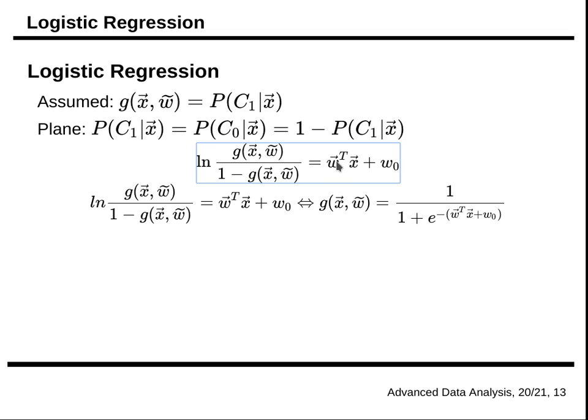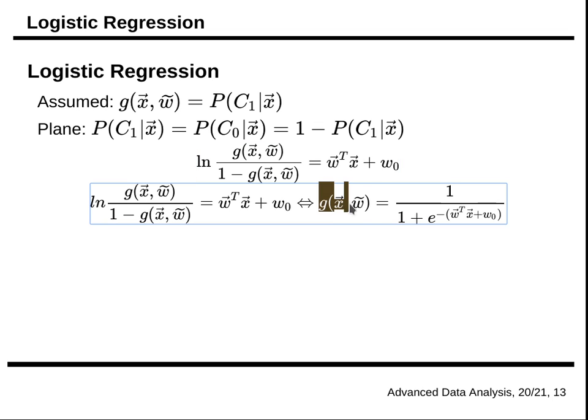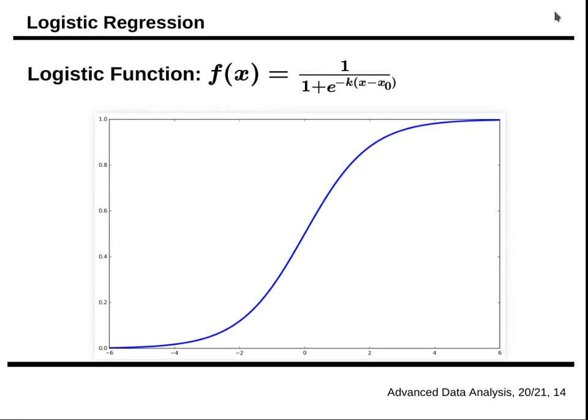And this all matches up nicely, because if we solve this, then the function that we want is actually this function of this linear expression here, and this is the logistic function. So basically it's this S curve that varies between 0 and 1.